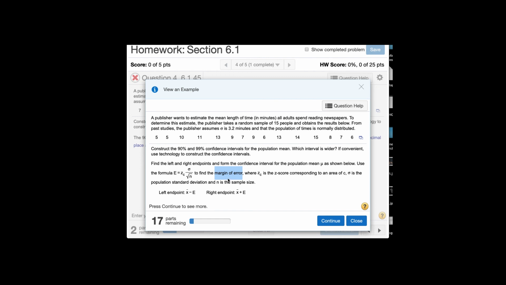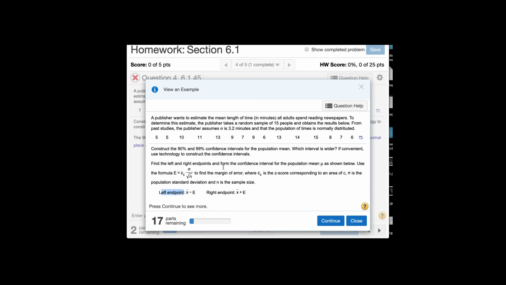For 90%, ZC will be what? 1.645, as we had when we were doing the slides. We're studying these slides. So we have E then, because we have sigma, and n equal to 15. Sigma is here, multiplied by ZC, which is 1.645. We get what? We get E.